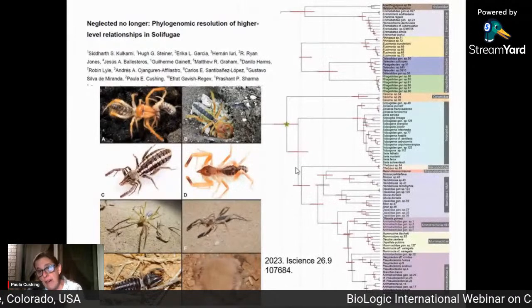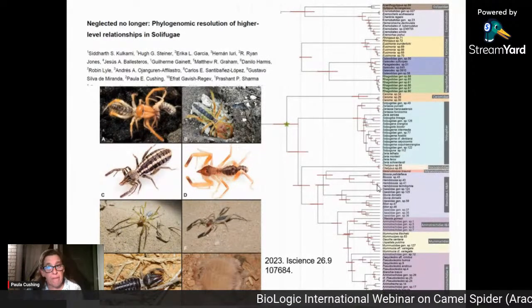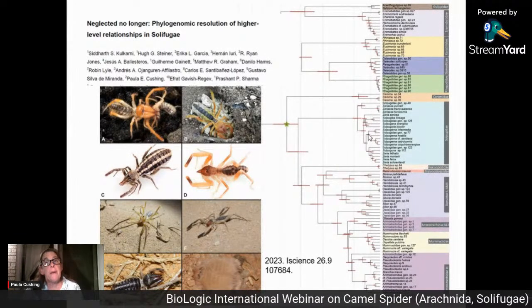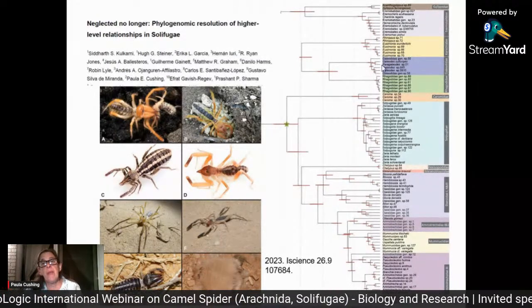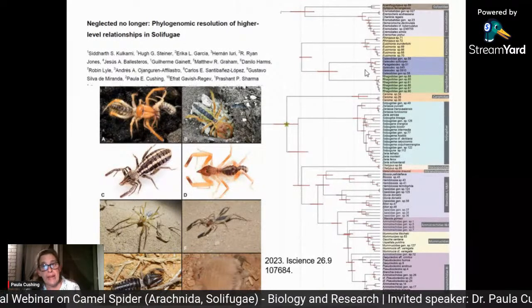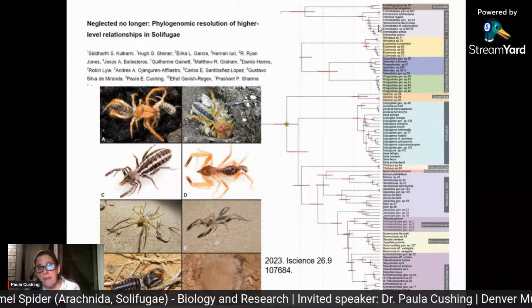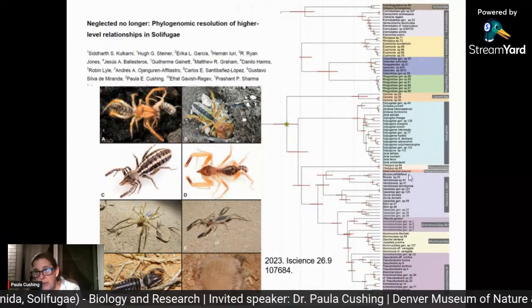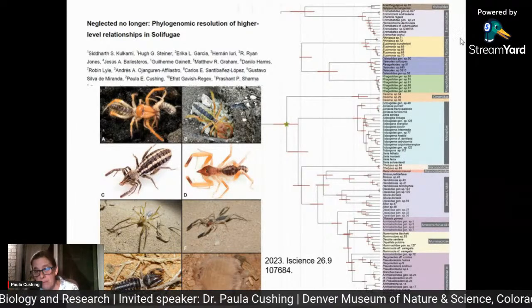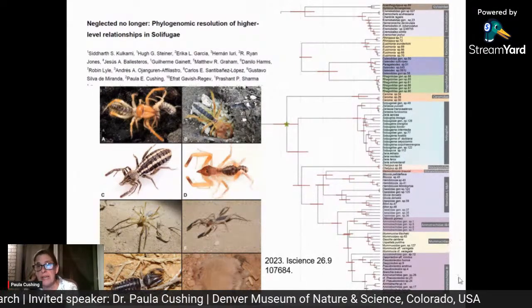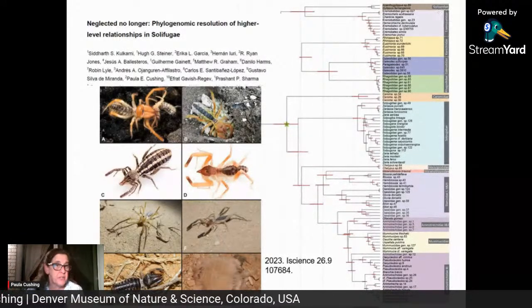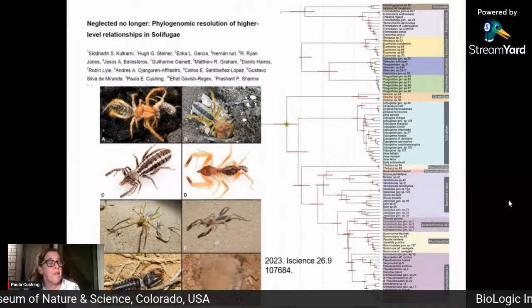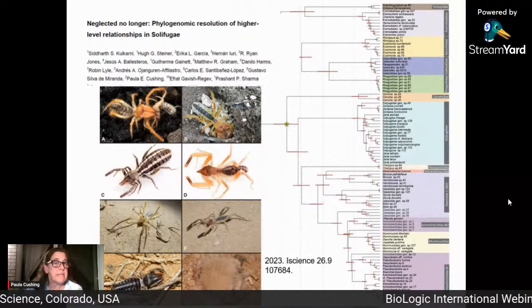And what they found in this analysis is that some of the families are well-supported monophyletic groups, like the Galeodidae here, but some of the other families, like the Ammotrechidae, are coming out in different parts of the tree, as are the members of the family Daesiidae.